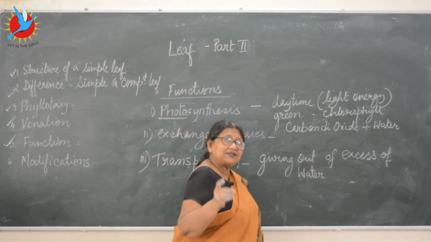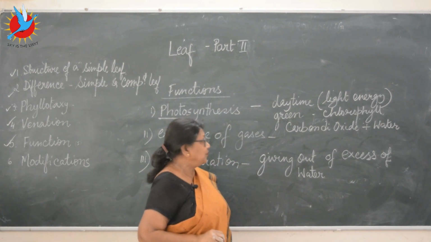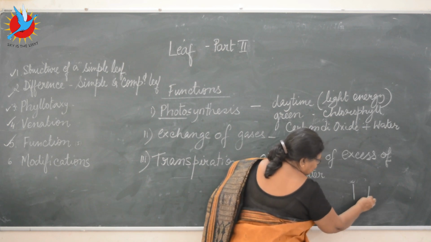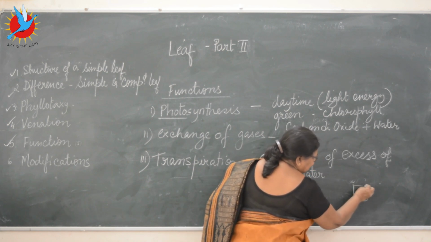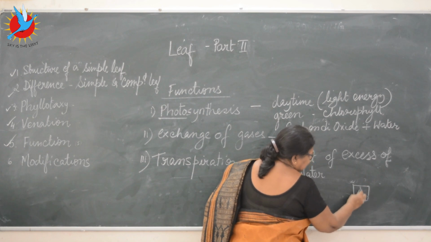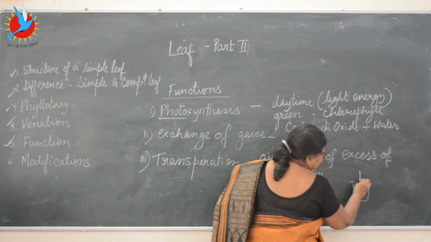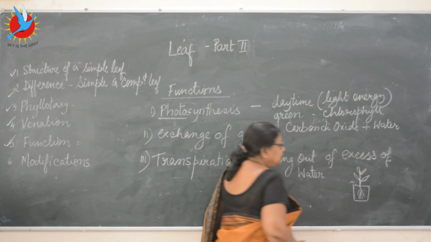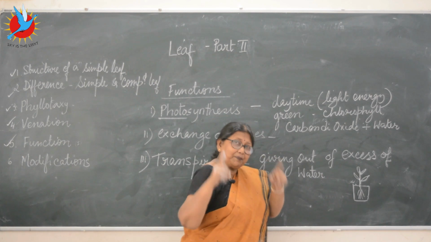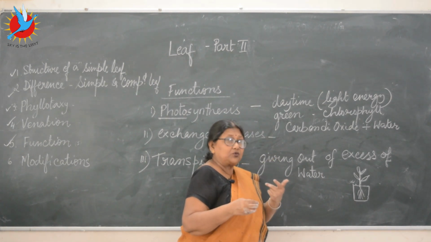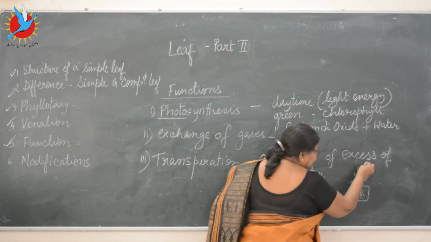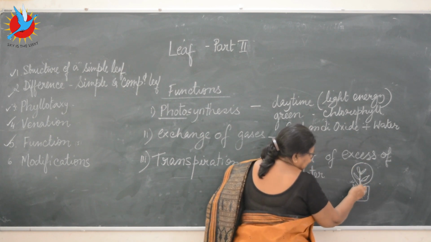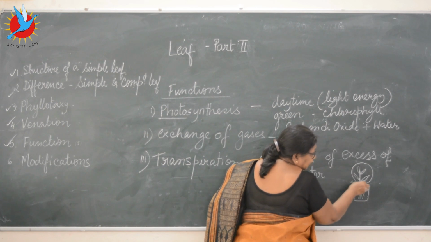You can do this very simple experiment at home. You take a potted plant. Suppose you have a small potted plant. This is inside the soil. This is the plant with the leaves. Now take a transparent polythene packet, cover this plant like this and tie it up tightly here.